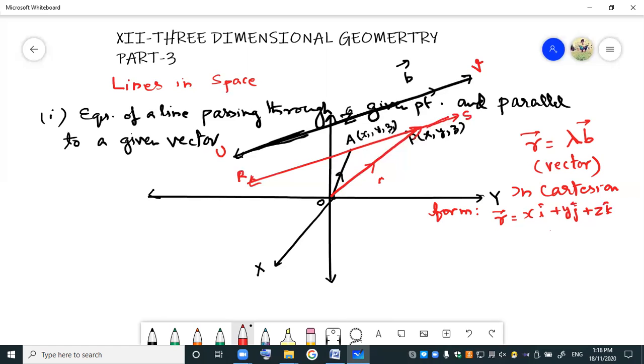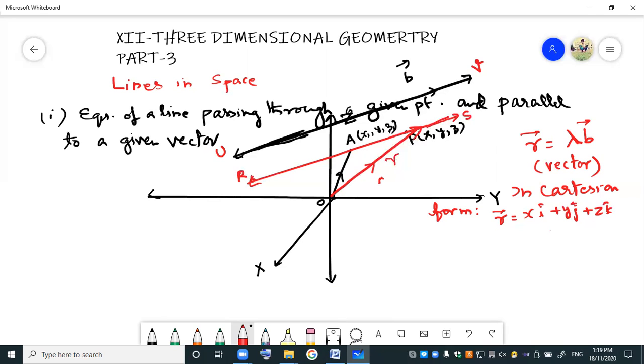In the vector form, OP is a general vector. We take any point P on the line to write its equation, and in 2D you are doing the same. R is the position vector of any point.